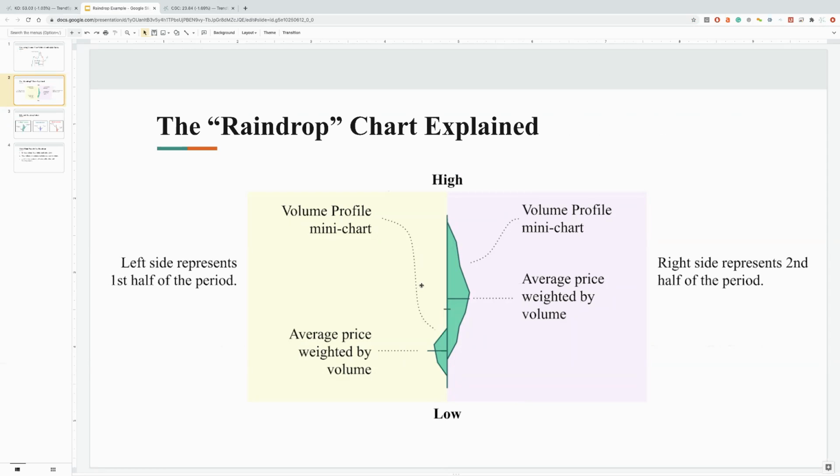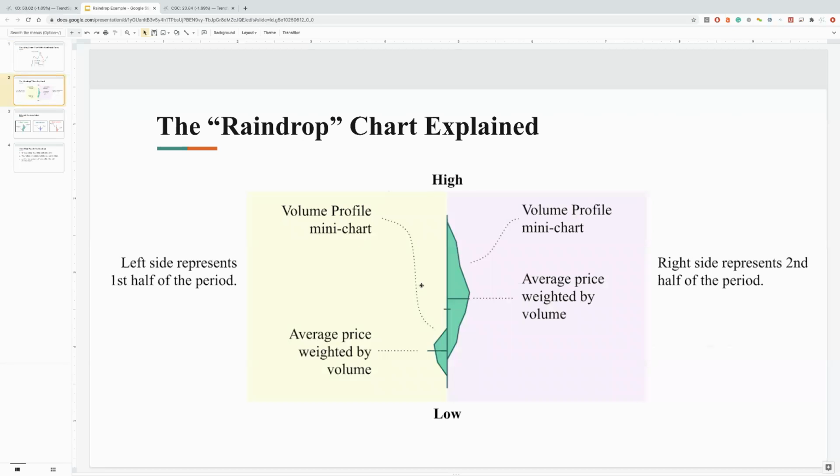So I personally use the raindrop most of the time on the daily candle, just because I'm more of a swing trader or position trader. So I'm not really too worried about a shorter term time frame unless I'm trying to enter. And at that point, I would use the 65-minute chart to enter, simply because there's 390 minutes in a day, and 390 divided by 65 is 6 even candles.